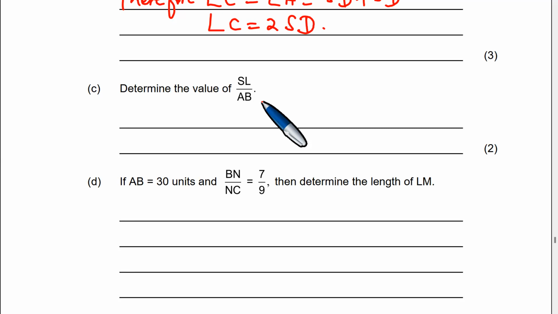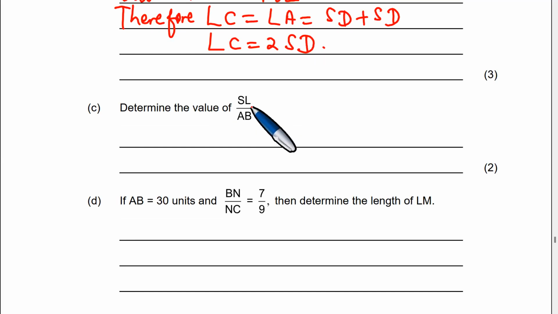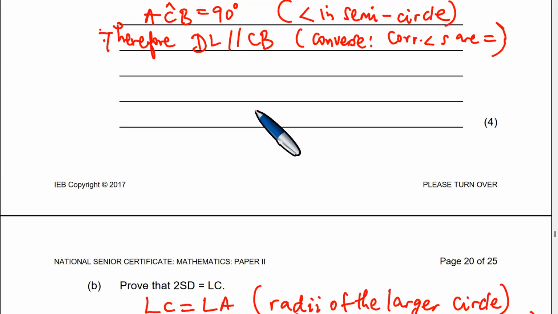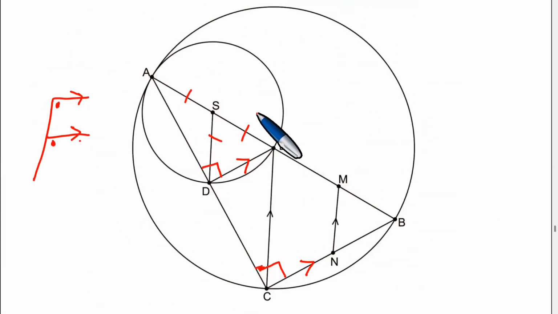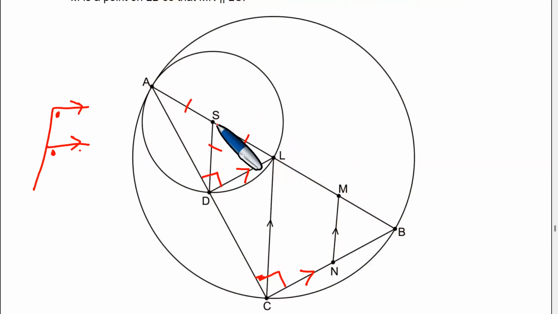Let's first look at what this means. What is SL, and what is AB? Let's look at the diagram. They ask you the question in the exam and then you start looking. Here is SL.